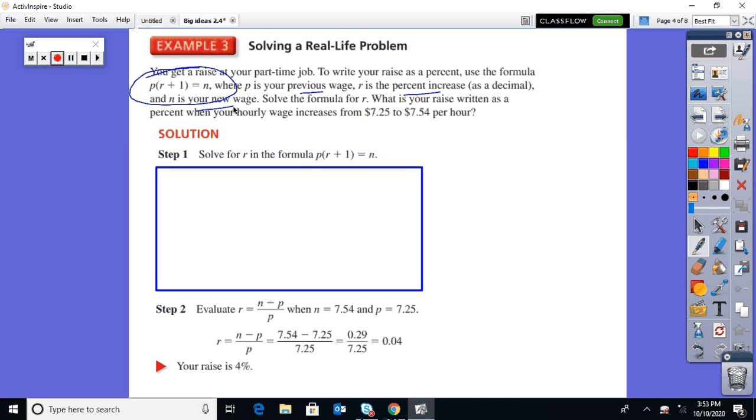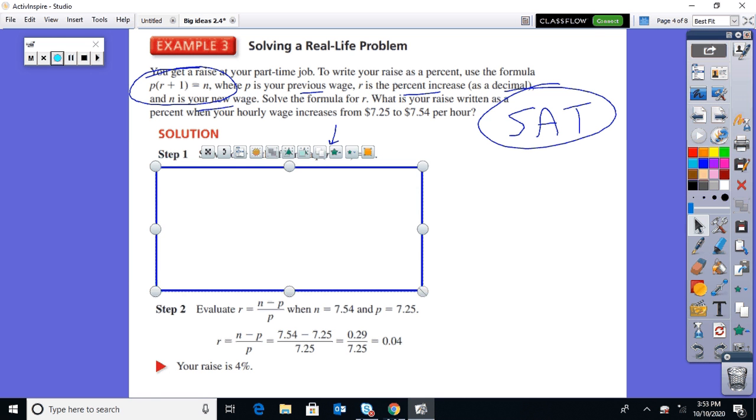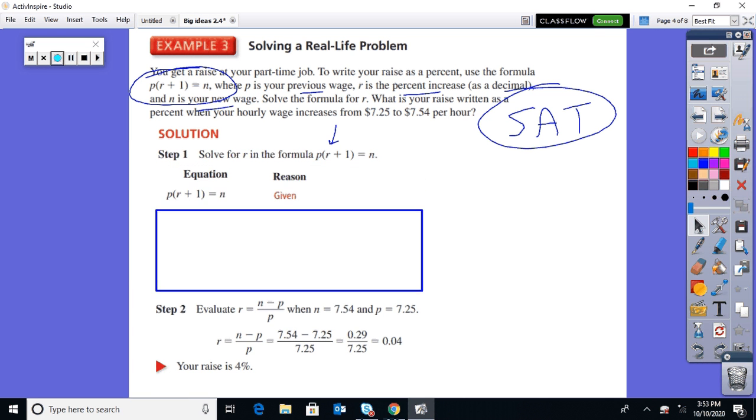So now r is hidden inside the equation. That's why literal equations are important. They show up on SATs a lot. Solving this equation for r, start out with the given information, which is your formula for figuring out your percent raise.